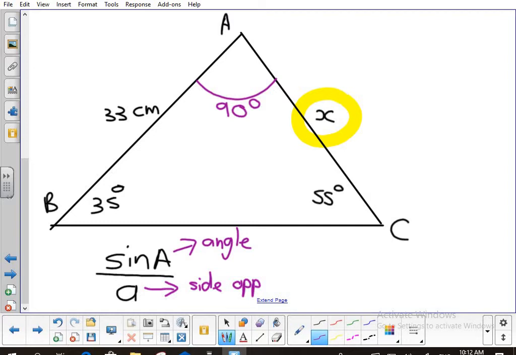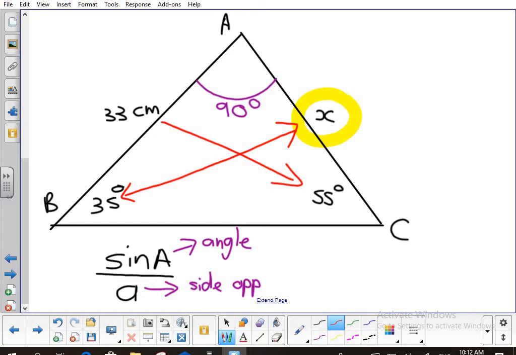So if I'm looking at X here, I'm looking for the angle opposite to it, and that would be the 35. Those two go together. Then I've got two other options: BC at the bottom here over 90, or I have AB, which is 35 over 55. I'm going to go for this one.